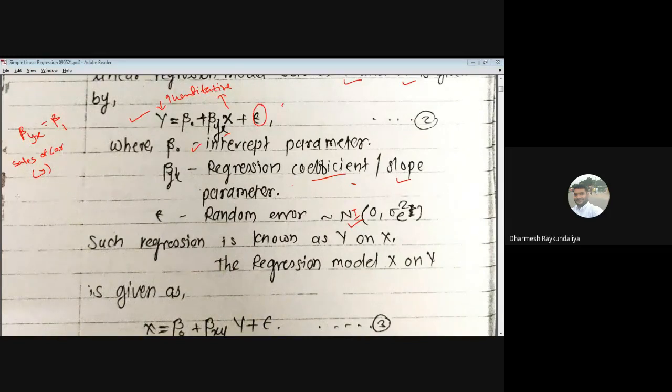Now the sales of a car depends on which variables? Anyone?